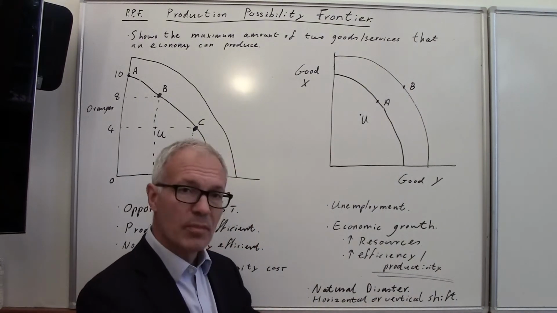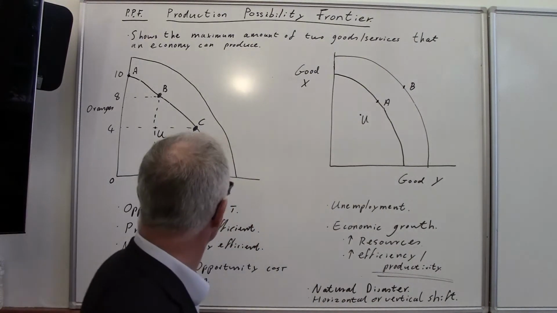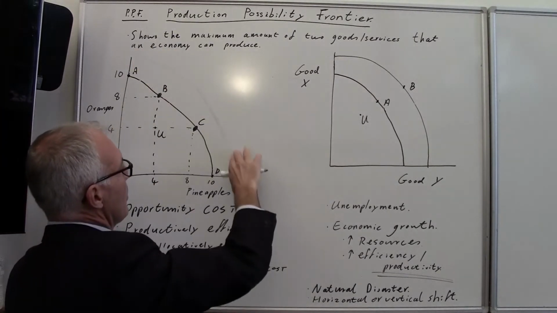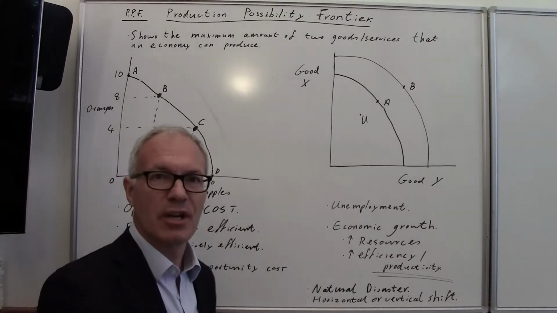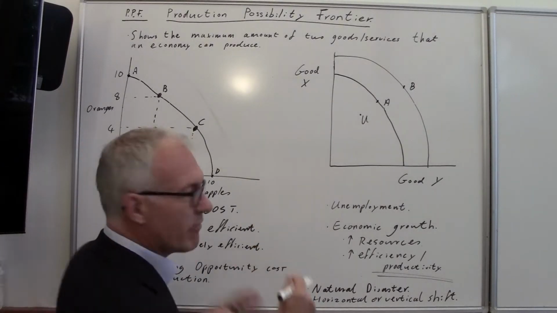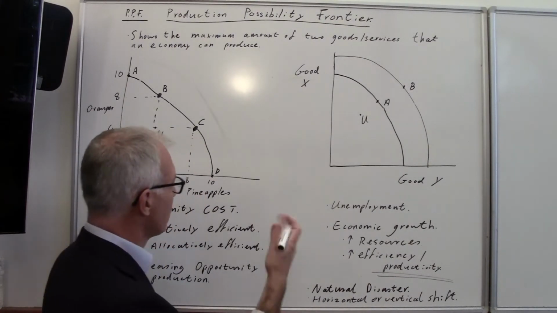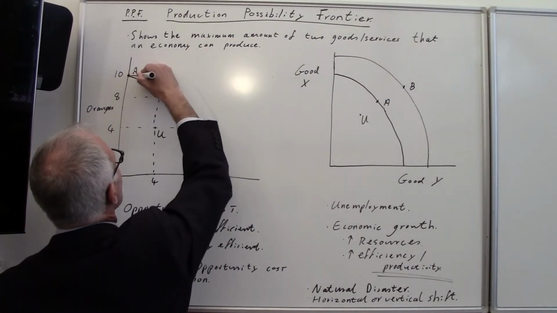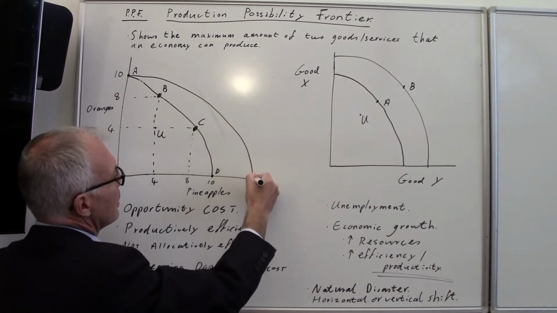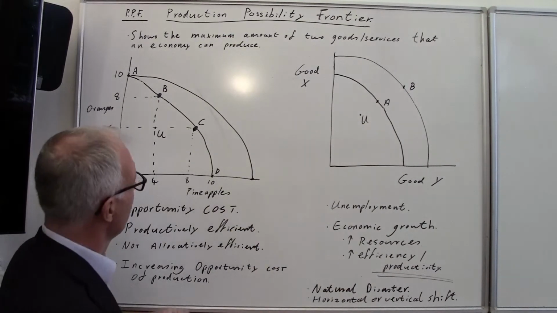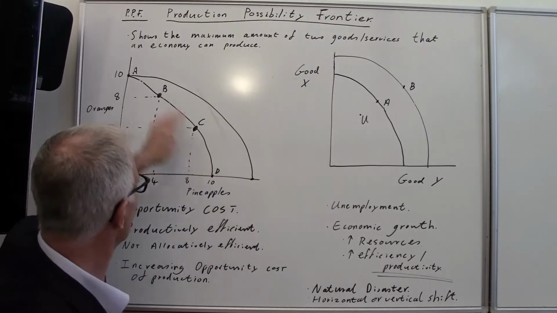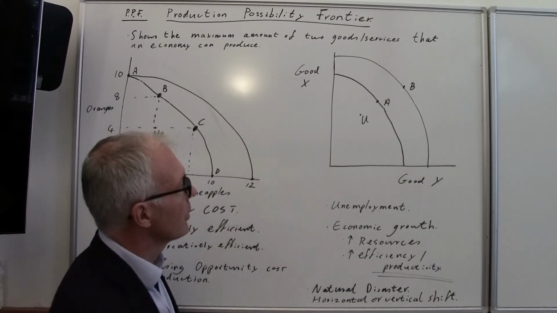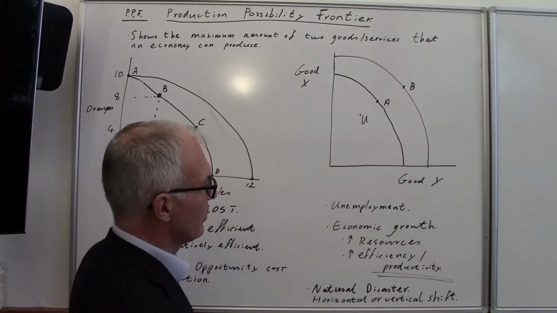Now, if this happens in one particular good, say in pineapples, we discover a new method of producing pineapples, say fertilizer for pineapples, but it has no effect on oranges, so we've increased our productivity of pineapples, what will happen to the PPF? It will move out in a horizontal way, like that, so that it changes the opportunity cost ratios, so we now have, say, potentially 12 pineapples if we only produce pineapples. Okay, you could illustrate that on this slide as well, of course.